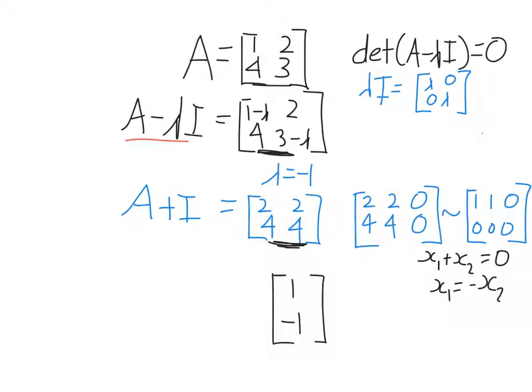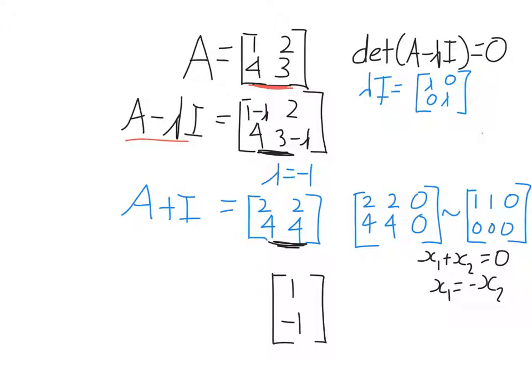So that means it will be an eigenvector of the original matrix. So this is the eigenvector corresponding to the eigenvalue lambda equals -1. And again, any scalar multiple of this vector will also be an eigenvector of the matrix A.